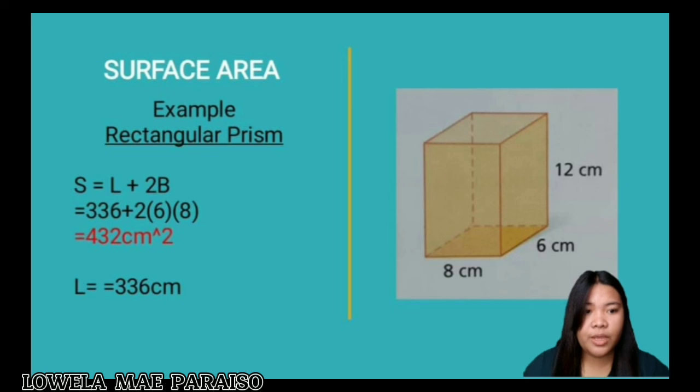S is equal to L plus 2B. So 336 plus 2 multiplied by 6 and multiplied by 8 is equal to 432 centimeters squared, and L is 336 centimeters.